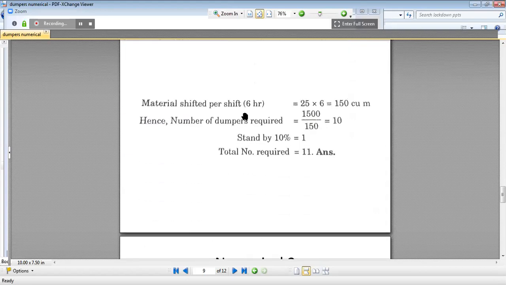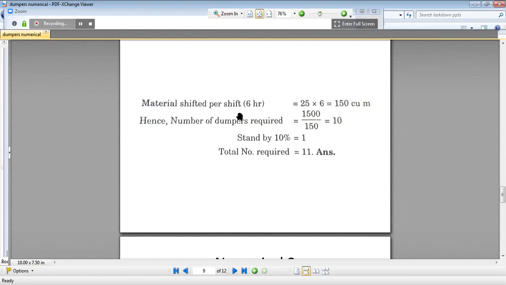Now, that is the quantity of material transported in 1 hour. What will be the quantity transported in 6 hours? Because my shift is 6 hours. So in one shift, by one dumper, if it works for 6 hours, the total earth dumped is 150 cubic meter.